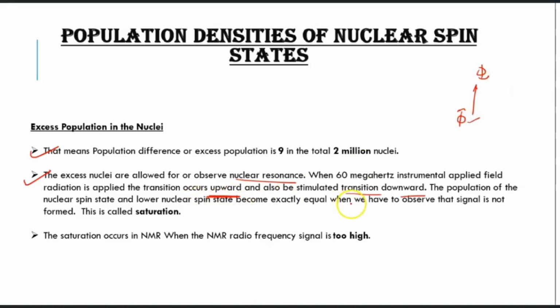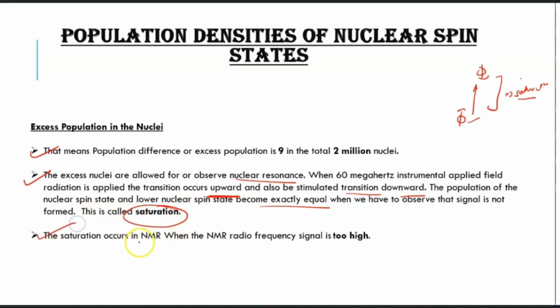If that situation occurs, that is the case of saturation, and you have to avoid this condition if you want to get your NMR spectra, right? The populations of the upper and lower spin states become exactly equal in this case, and therefore we absorb no net signal, and this situation is saturation.